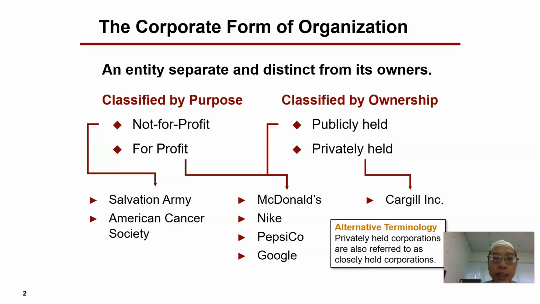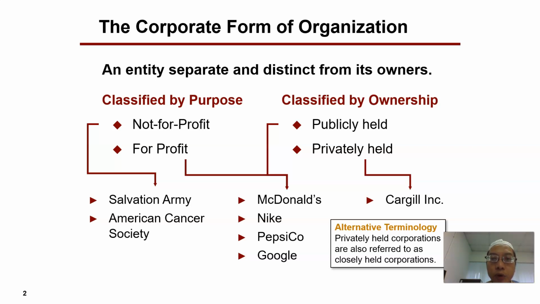But in the corporate form of organization, when corporates enter into a legal agreement with an external party, that legal agreement is only binding on the corporation, but not on the shareholders, not on the owners of the company. That is the main difference.